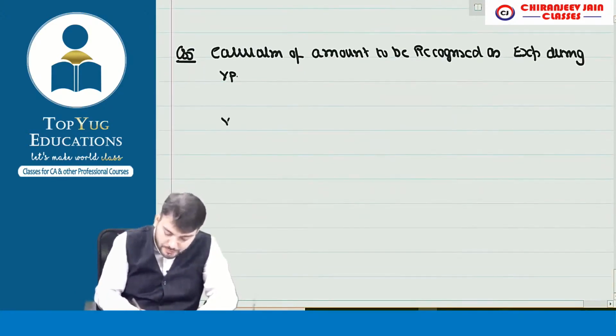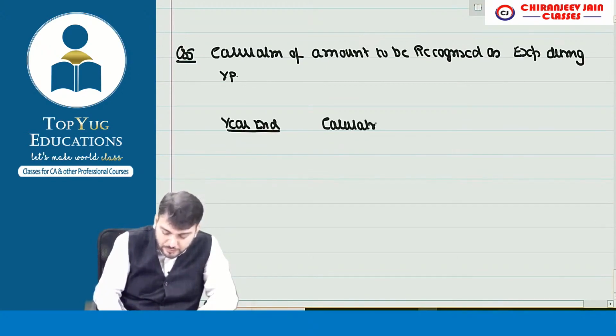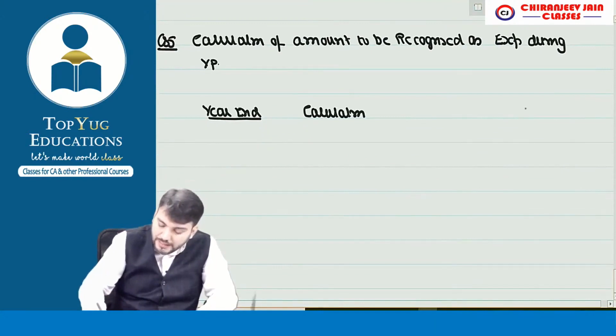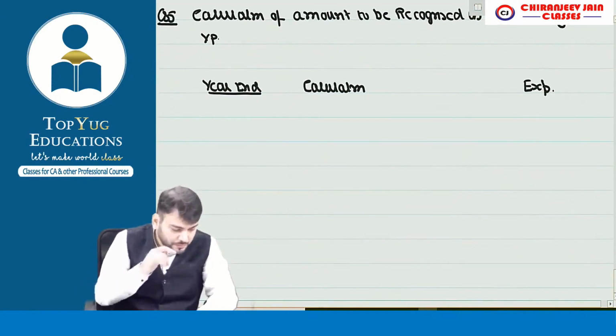Correct? So write down year end, then you should write down this calculation, and then the expense. Correct? So year end 1.